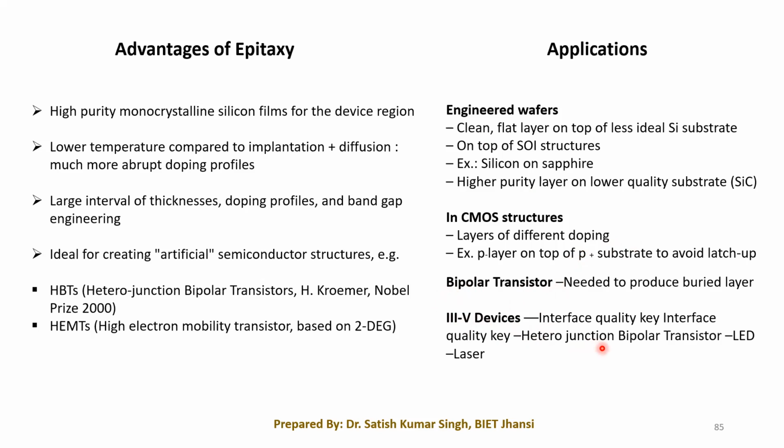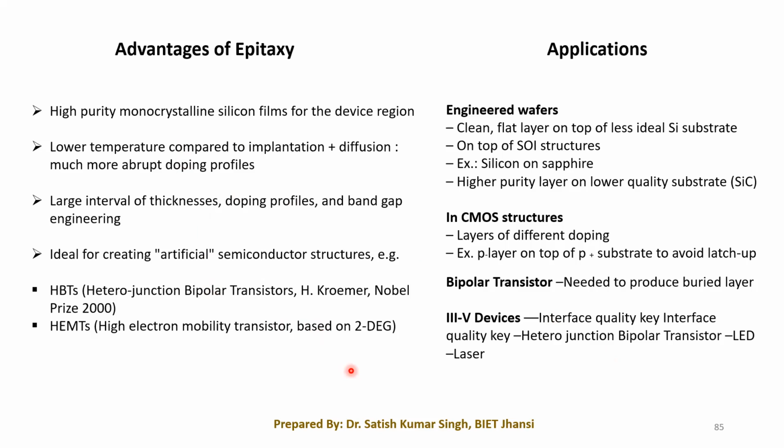I will take the example, so do not worry. Not in this lecture, but in some coming lectures, I will be discussing these device structures. Then you will be able to appreciate how this epitaxial layer is going to help you out and what its advantages are.